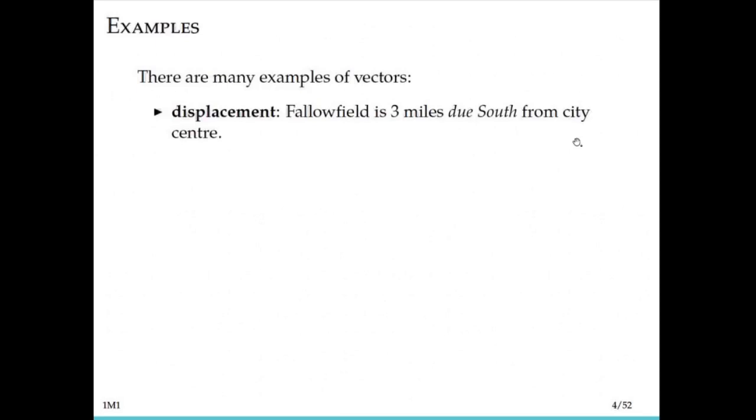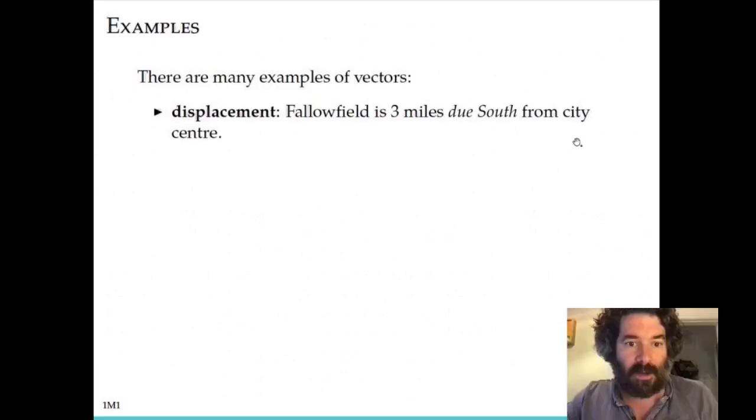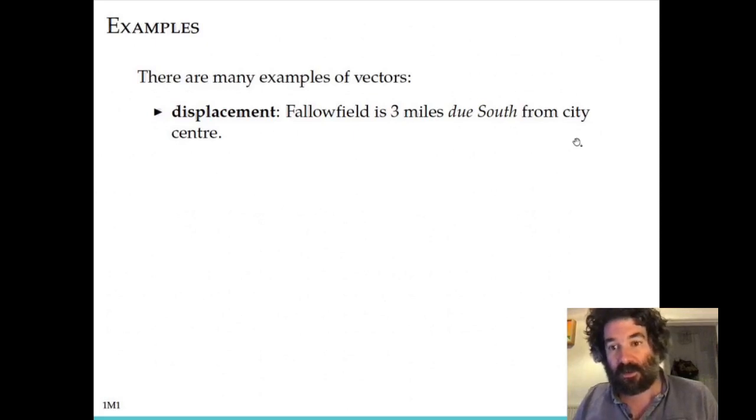Okay, so what are some examples of where vectors might come up? Well, first and most basic example is what is intuitive according to the description I've given, the displacement. So the vector that really points from one point in space to another point in space. One possible example is shown here. Maybe some of you aren't in Manchester this year.